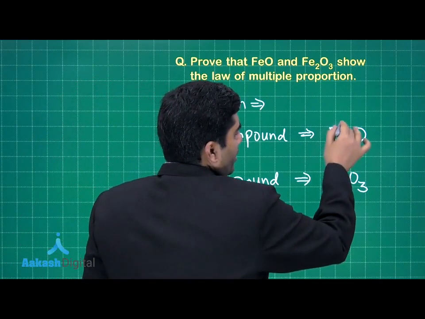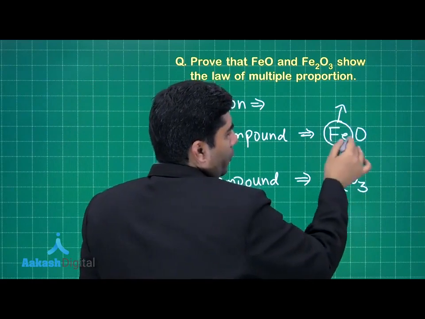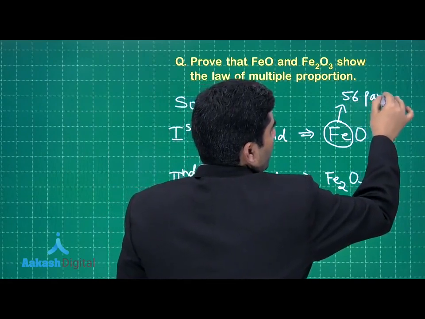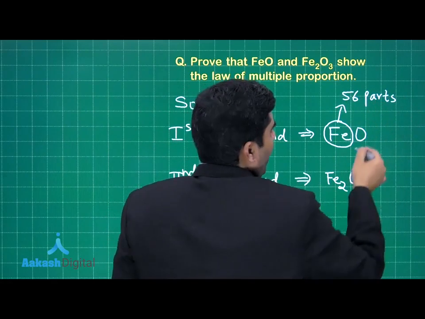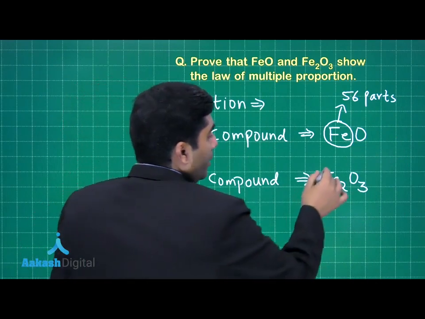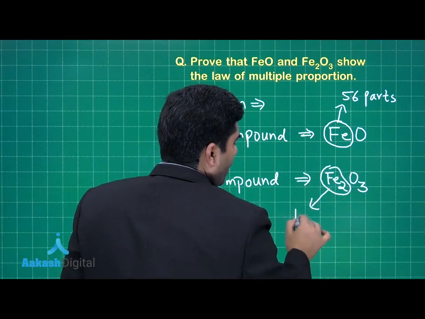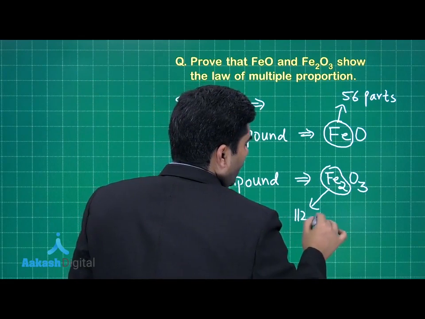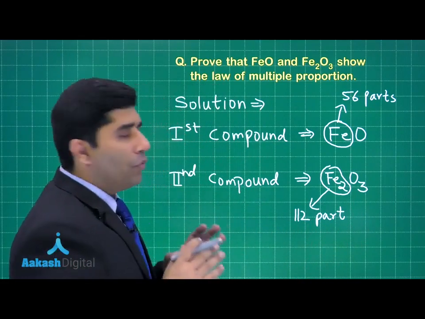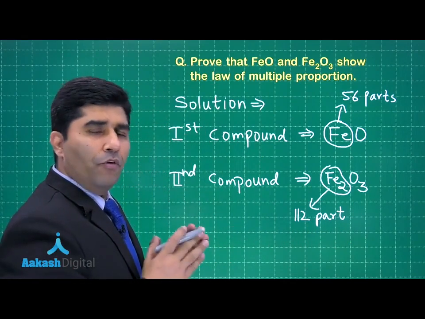Now, in the first case, we can say that for 1 unit, iron is 56 parts, and oxygen is 16 parts, right? But what is happening in the ferric oxide? It is 112 parts. So what we have to do? We have to make them equal. Then we can take the ratio of oxygen.